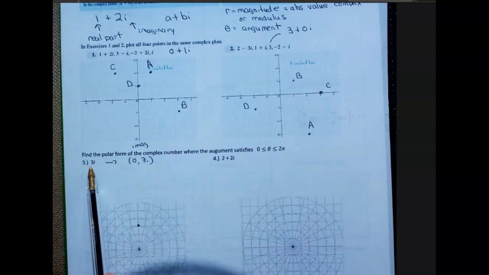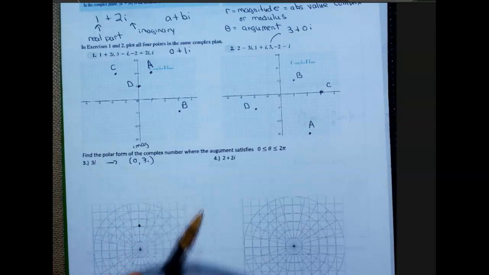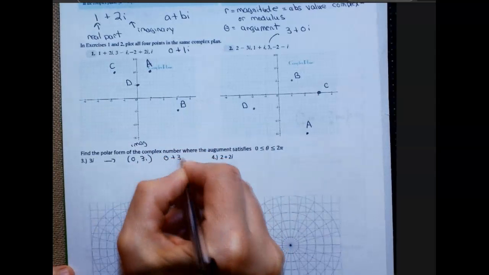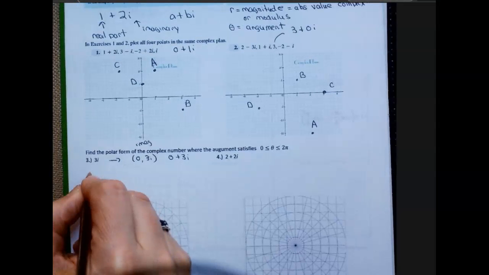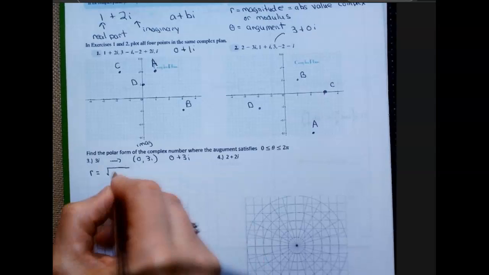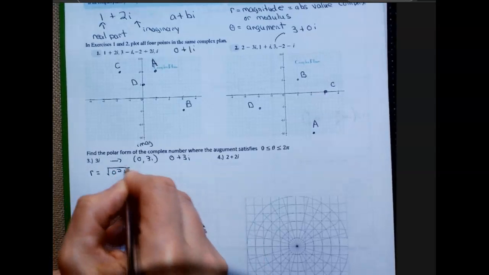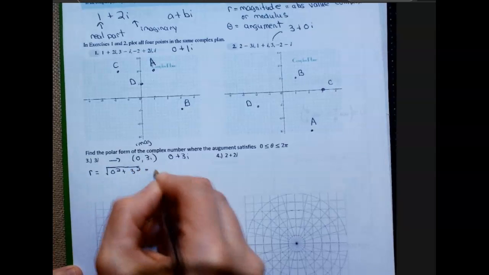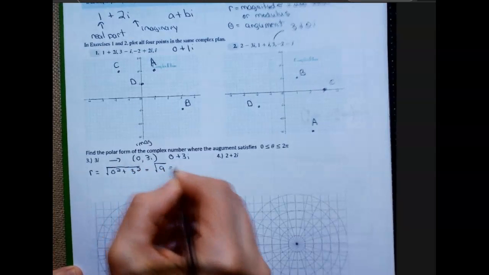So we're going to take this complex number and change it to polar form. First of all, we want to find the magnitude, that's your r, so we've got the square root of 0 squared plus 3 squared, which is the square root of 9, which is 3.